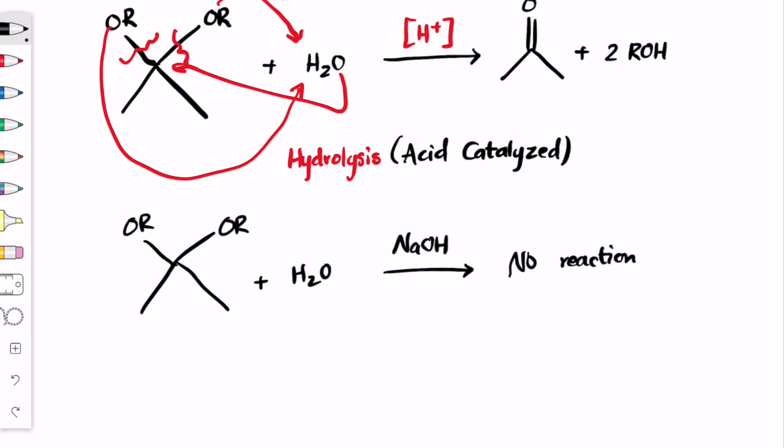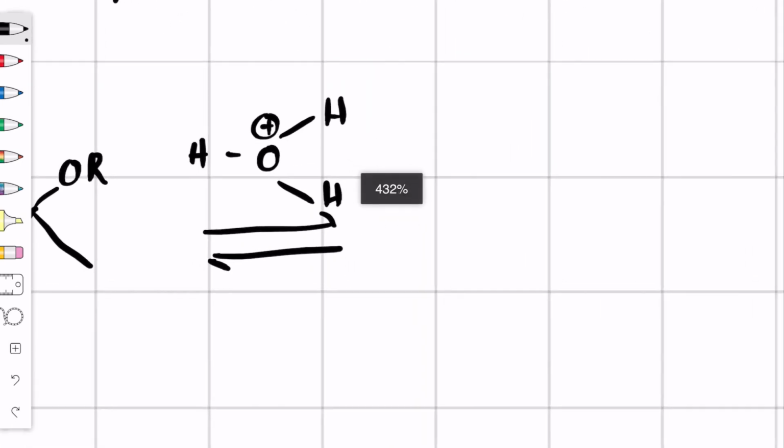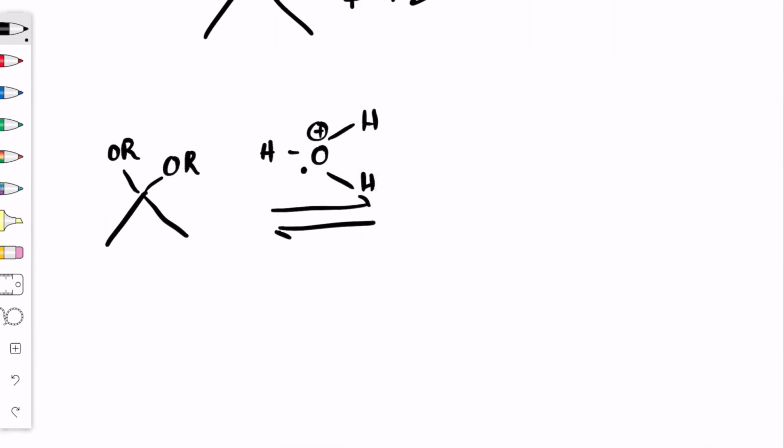Now let's look at the mechanism in which this acetal becomes ketone. So let's see how the mechanism actually works. So first you have an acetal. The acetal first, in presence of H3O plus, which is provided by the acid, undergoes a proton transfer, where the OR group, the oxygen, generally has 2 electron pairs.